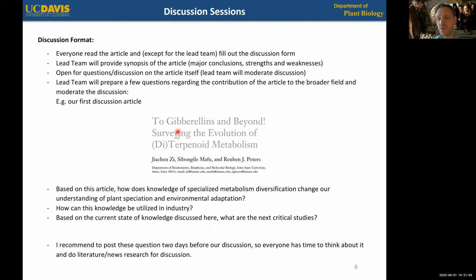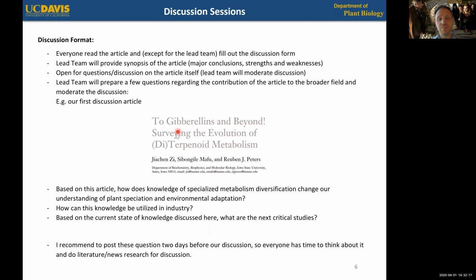So this is focusing on the evolution and diversification of diterpenoid metabolism. And so based on this article, there are a few questions that I could think of, but you can obviously come up with others, and I'm happy to help you define these questions.